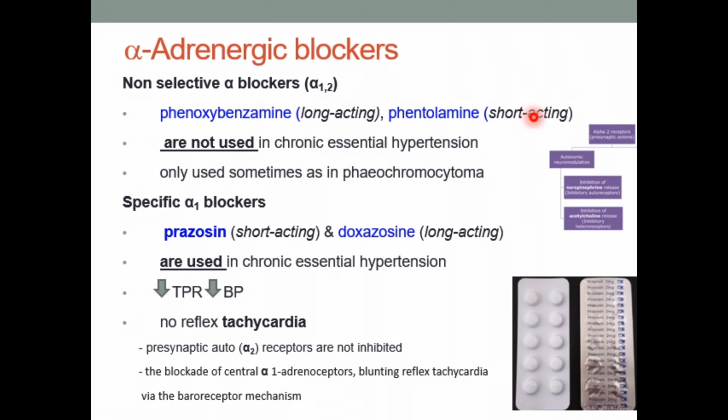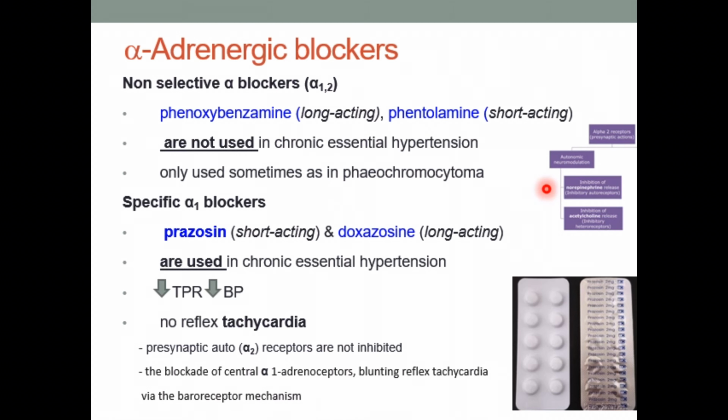They are not used in chronic hypertension, because of this alpha 2 effect, it can also cause tachycardia. So it's used mainly in the disease called pheochromocytoma, which is the excessive release of adrenaline by the adrenal medulla.